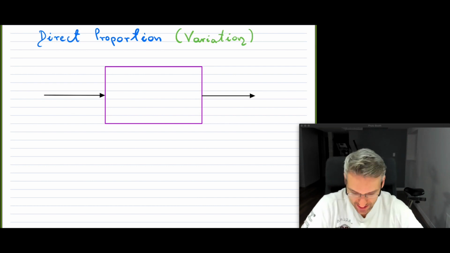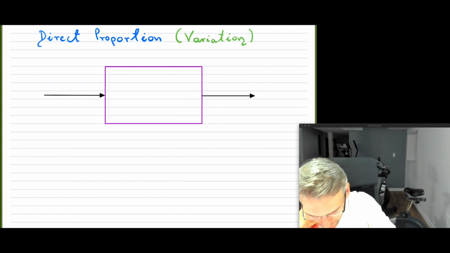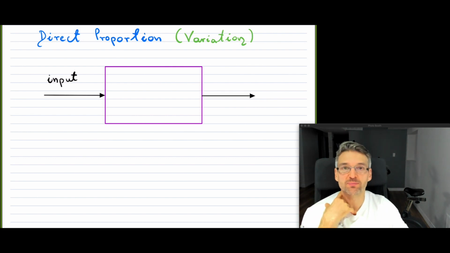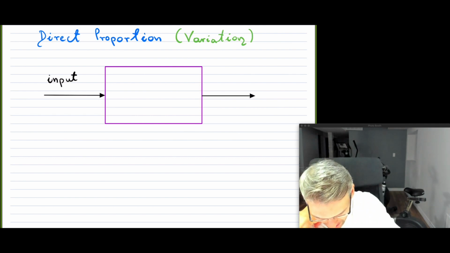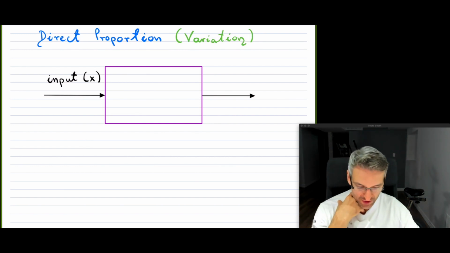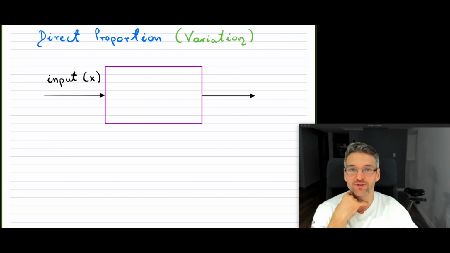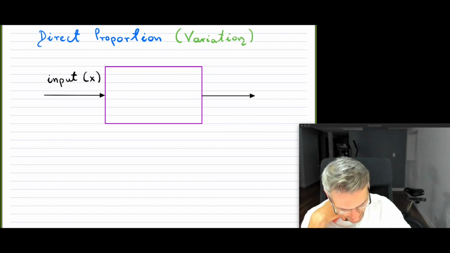So for instance, let's say this is your input. In math, our input typically, we like to designate as X. And you have this box and something is happening within this box. And then you have an output.